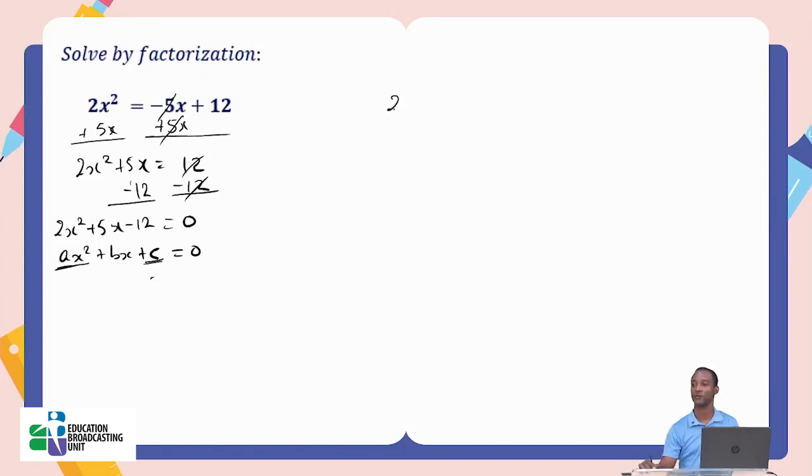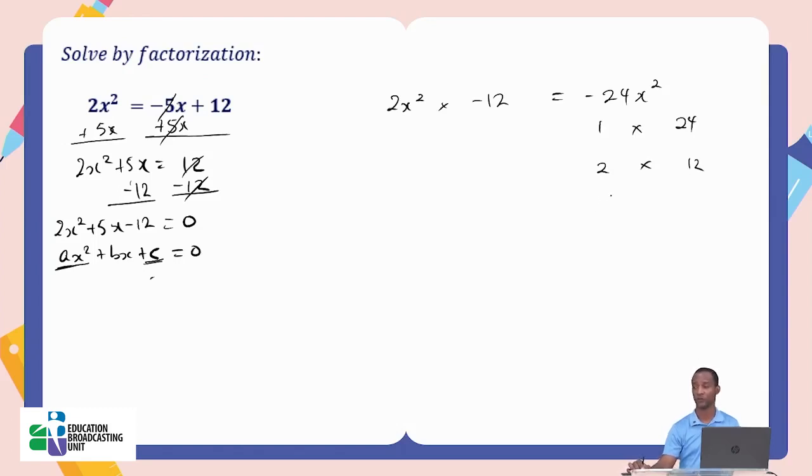So 2x squared multiplied by negative 12, the constant term here, this will give us negative 24x squared. Now let's express negative 24x squared as a product of its factors. Let's focus on 24 first. 1 multiplied by 24 will give us 24. 2 multiplied by 12 will give us 24 as well.